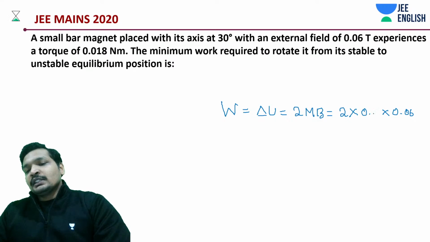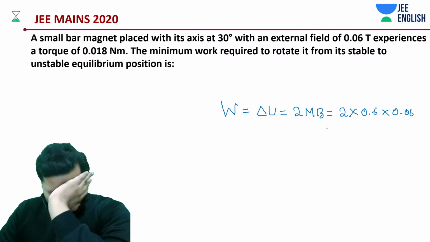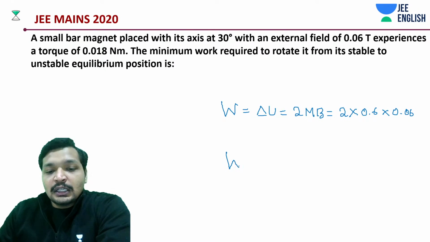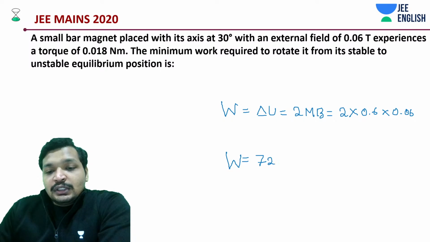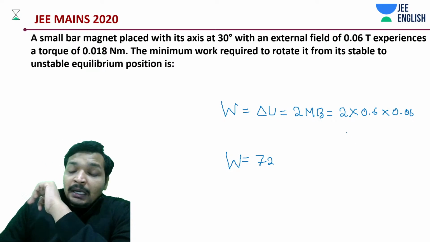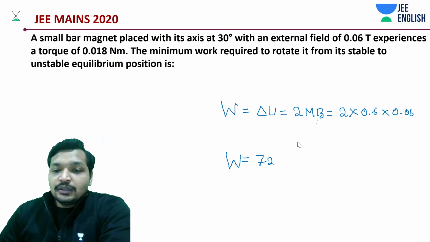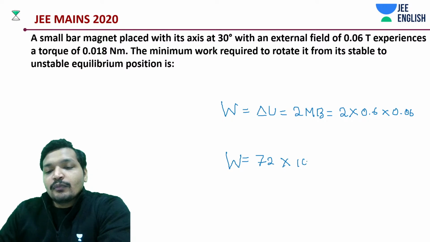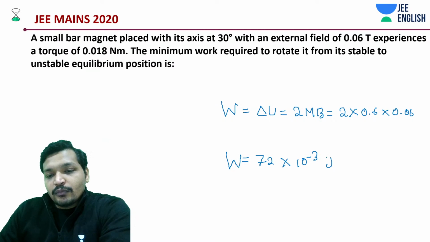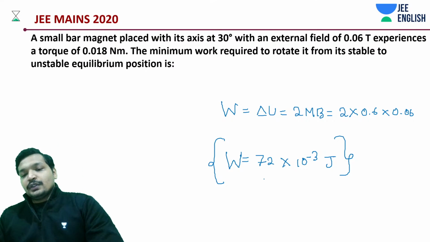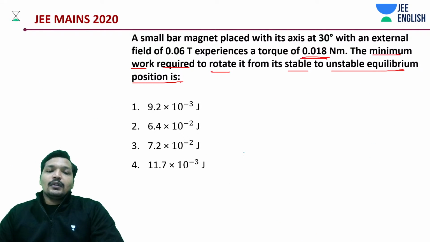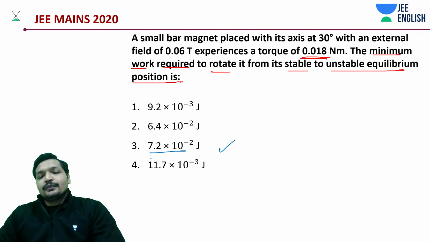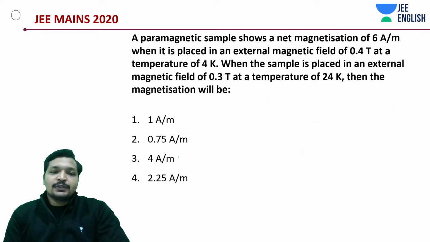End of the story. It's a very simple story. So what do we get? Something like 72, 36 into 2, 72 into 10 to the power minus 3, so 7.2 into 10 to the power minus 2. Simple question. Let's move on to the next one.